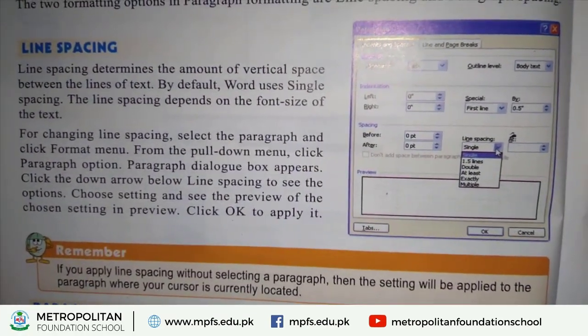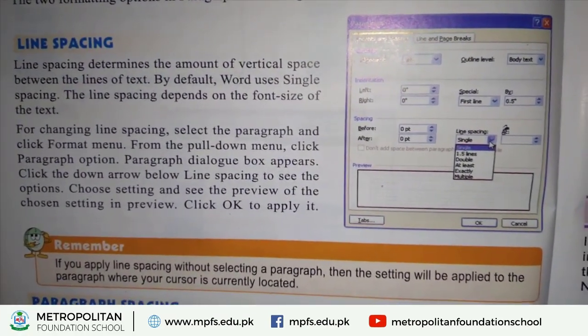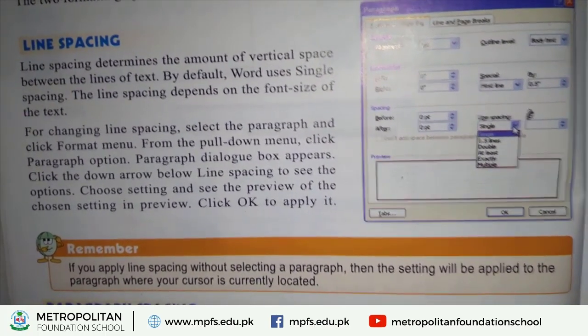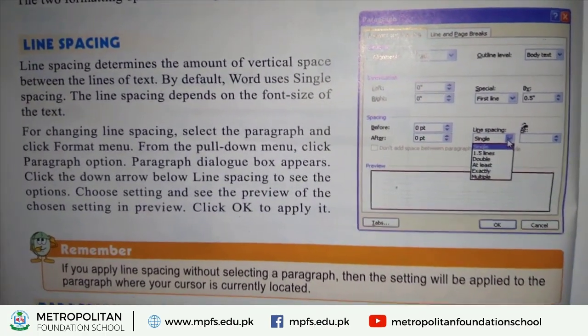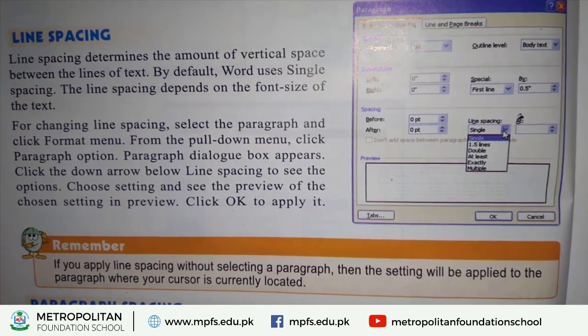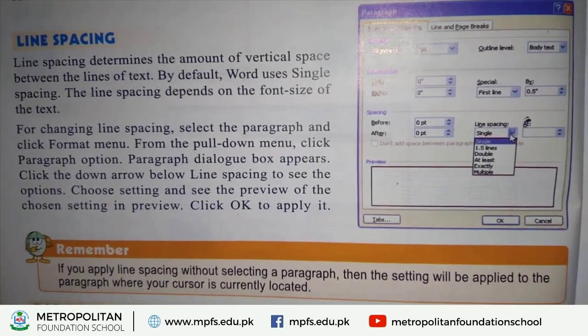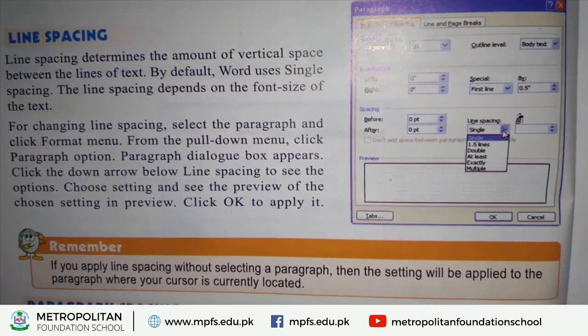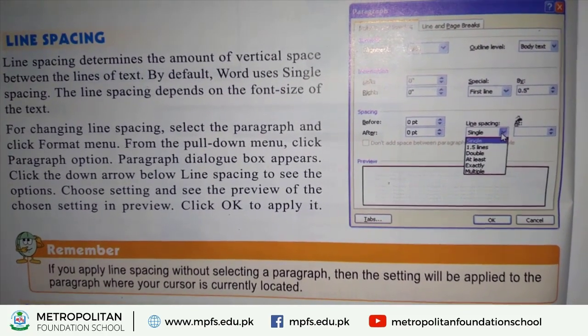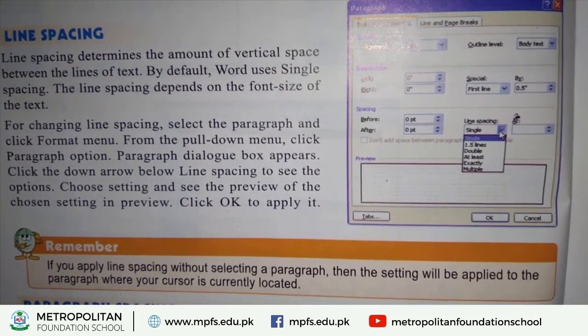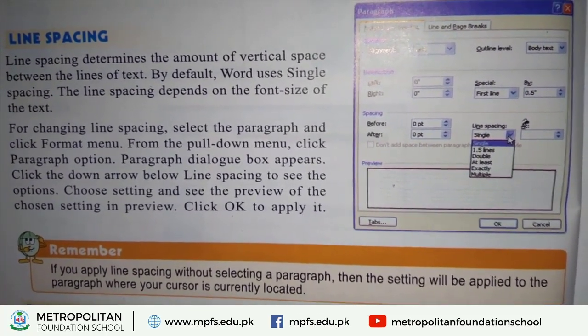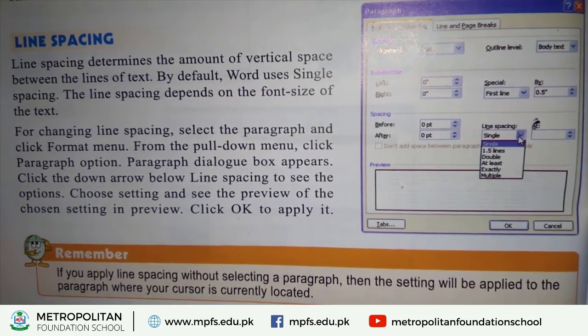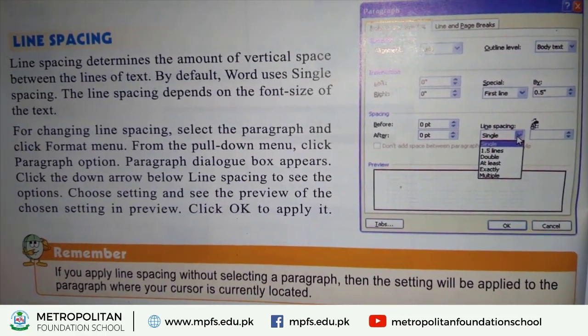Line spacing determines the amount of vertical space between two lines of text. By default, Word uses single spacing. The line spacing depends on the font size of the text. For changing line spacing, select the paragraph and click the Format menu.